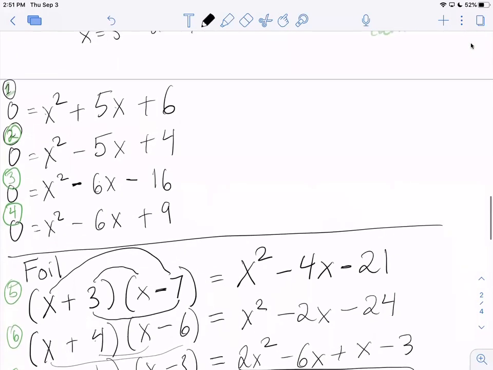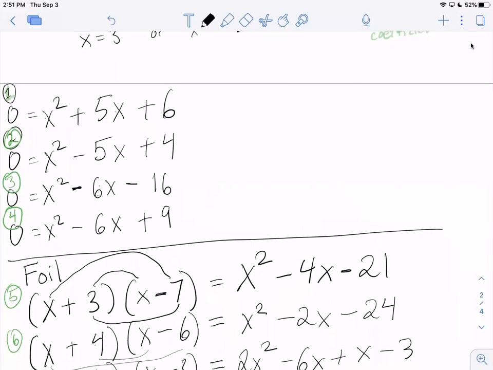It's not always possible. Okay, so for this one here, for number 1, which two numbers multiply to 6 but add up to positive 5? And the signs are always very important. So here it's going to be x plus 2 and x plus 3. And don't just think that you figured out some numbers that work and move on.